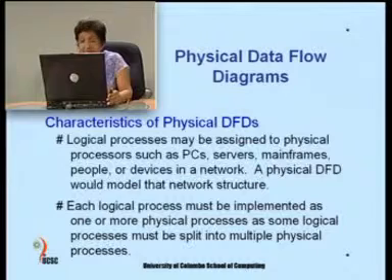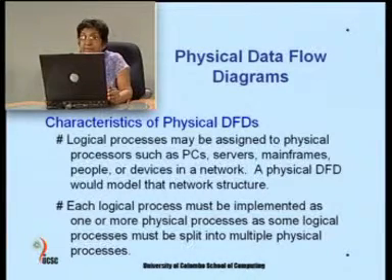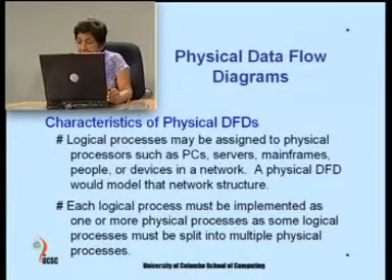So, in a logical data flow diagram, you could have only a single process that may get divided into one or more physical processes. It is not necessarily a one-to-one map from the logical to the physical data process.